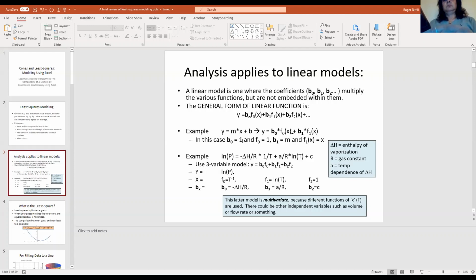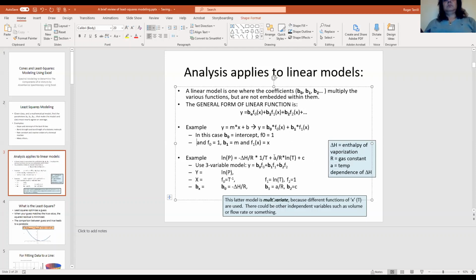Sorry, B0 is going to be the intercept. I have to send you a new one. And F0 equals 1.